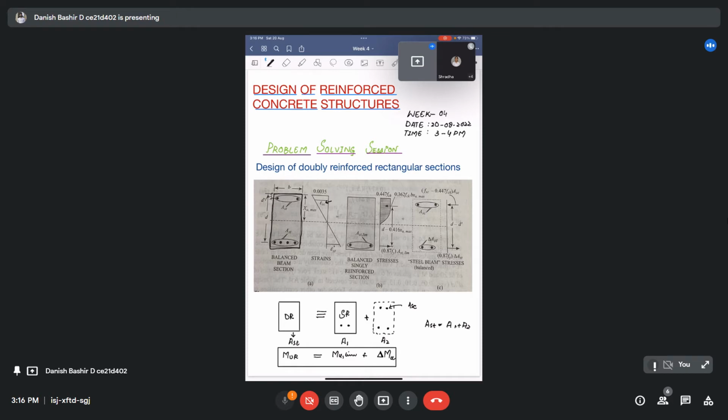Now, here you can see that it is a singly reinforced section. We can use our singly reinforced section philosophy that I already solved in one problem in week 3. 0.447 fck is the stress block, and it has a lever arm of d minus 0.416 xu. And we are using xu max because we have changed it to a limiting section or balanced section.